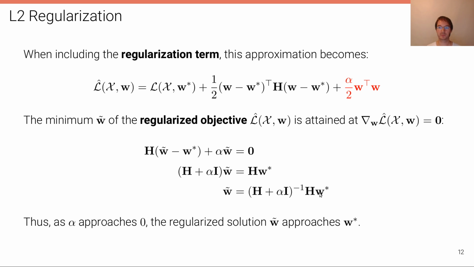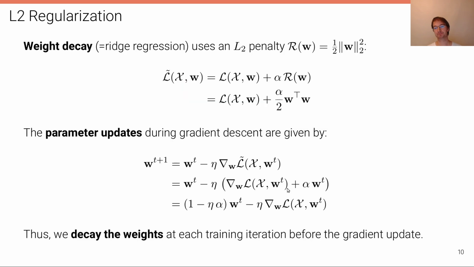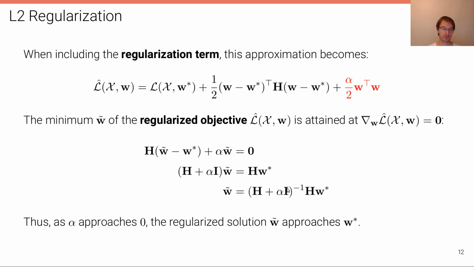If we remove the regularizer successively, making alpha smaller and smaller, then of course the regularized solution comes closer to the solution of the unregularized objective. So this point doesn't lie here anymore, but it's closer to the solution of the unregularized objective function if we make the influence of this regularizer smaller. Okay, so this is what happens if alpha approaches 0.